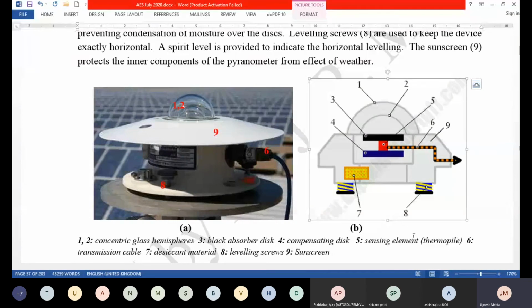You might be able to read it directly in watt per meter square if it is calibrated accordingly, or you might read the millivolt reading and have a table which gives you millivolt and the corresponding solar radiation intensity in watt per meter square.